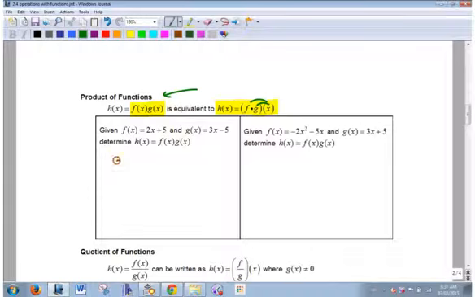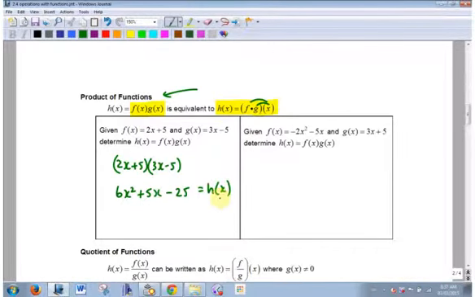So h of x is 2x and 5 times 3x minus 5. That's just a binomial times a binomial. What's the little acronym we use to multiply two binomials? FOIL. Okay, so 6x squared minus 10x plus 15x is 5x minus 25. That's h of x.